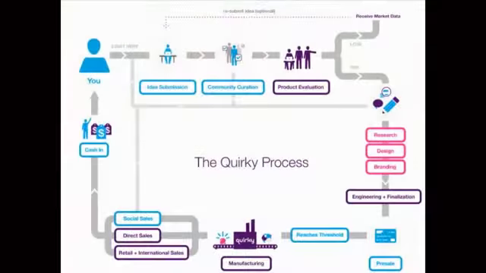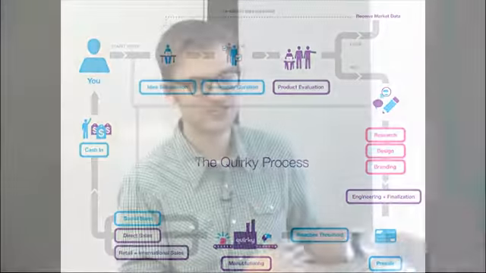Here's another example, Quirky, which is a collaborative product creation website where people submit ideas for a product that should exist, and then the community develops that product together. They vote on it. They come up with ideas on the specifics of how it'll work, what the design should be like. And every activity gives you a small percentage of ownership in that product.